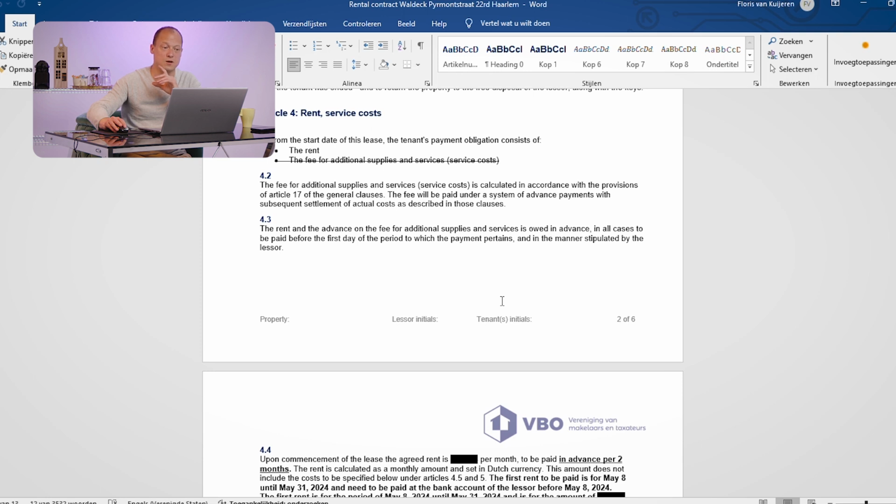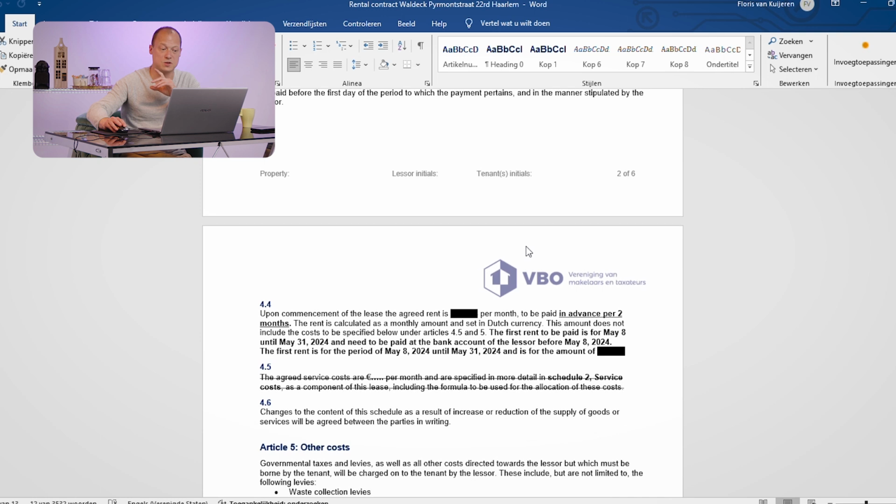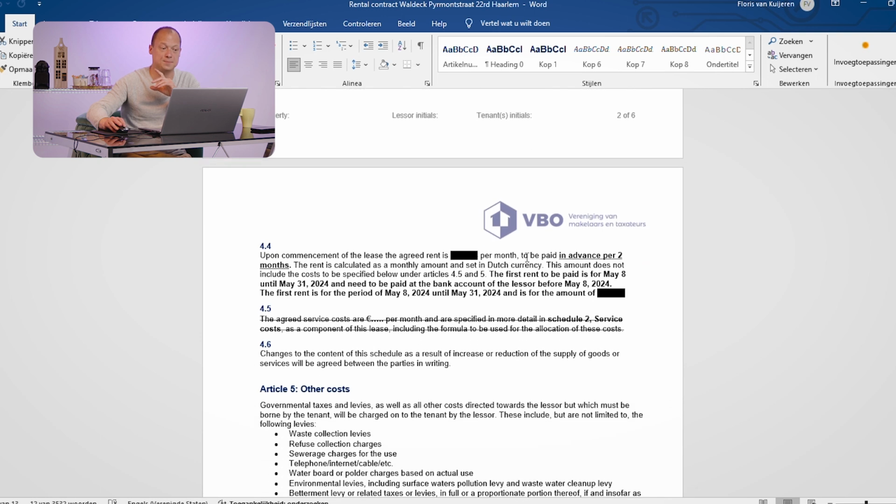Article 4 is, of course, the rent. There are no additional supplies and services here. And Article 4.4 is important. What you see in Article 4.4 is I let my tenants pay rent in advance per 2 months. The reason is the following.